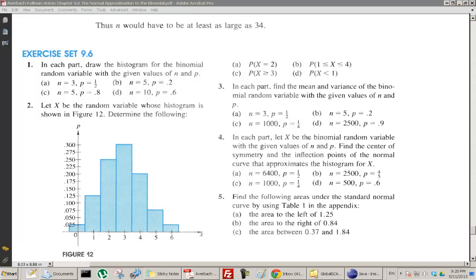Okay, let's look at some of these exercises. In each part, draw the histogram for the binomial random variable with the given values of n and p. So here's n equals 3, p equals a half.